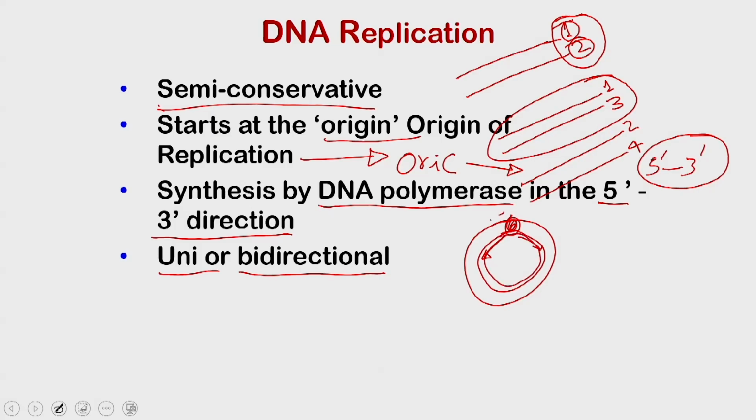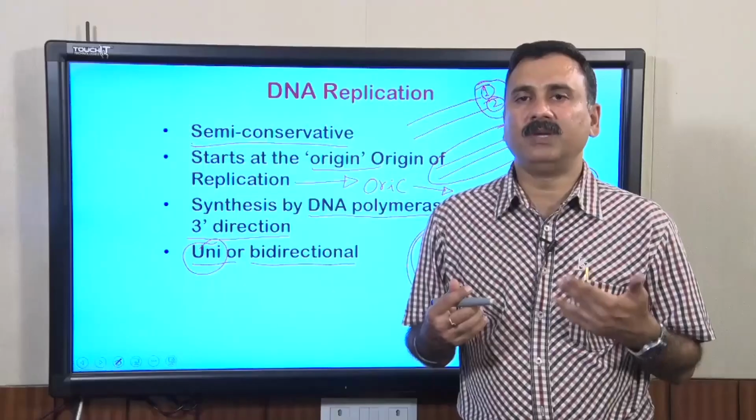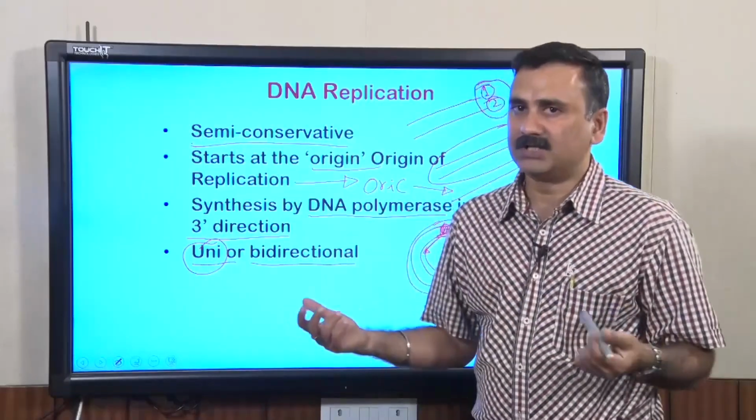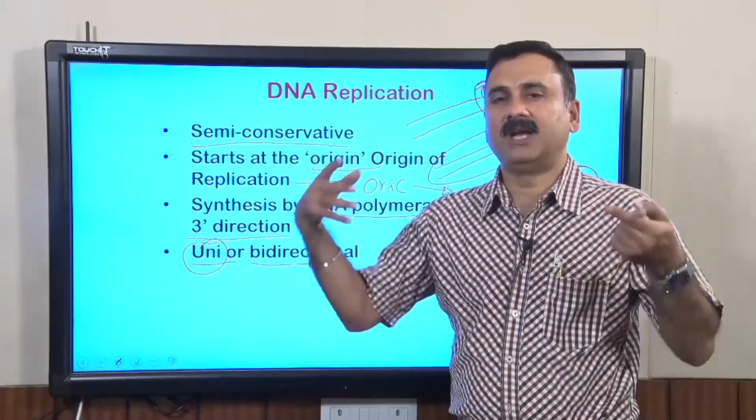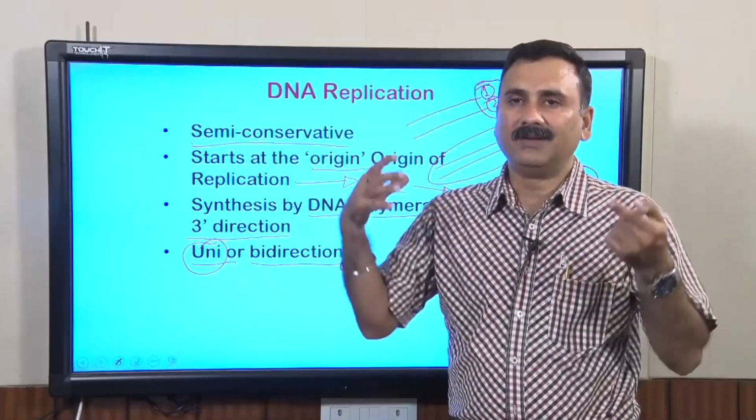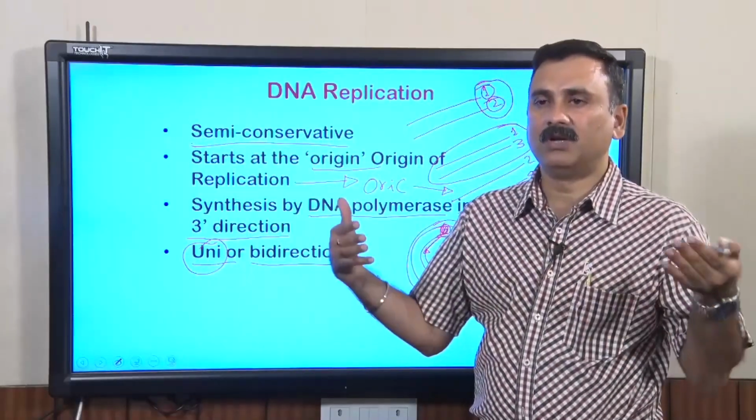That is how this is bidirectional DNA replication. Whereas in the unidirectional case, you do not have a circular template but an open template, and the synthesis goes in one direction. So DNA replication could be unidirectional or bidirectional, which means two DNA polymerases can sit on the same DNA and run in different directions.